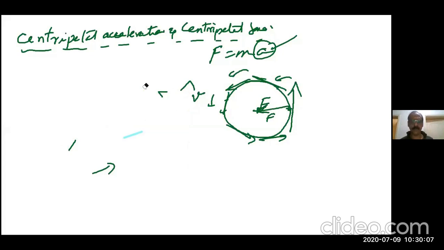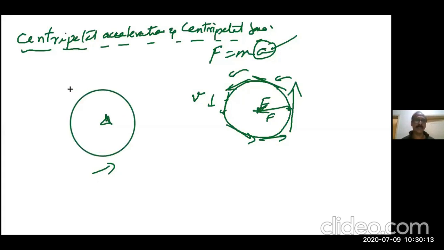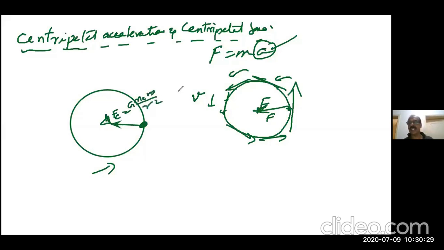Examples I will show you. Suppose this is the sun and the planets are moving around it. The planet stays in orbit because there is a centripetal force. That centripetal force is GMEm divided by R squared, the gravitational force of attraction.